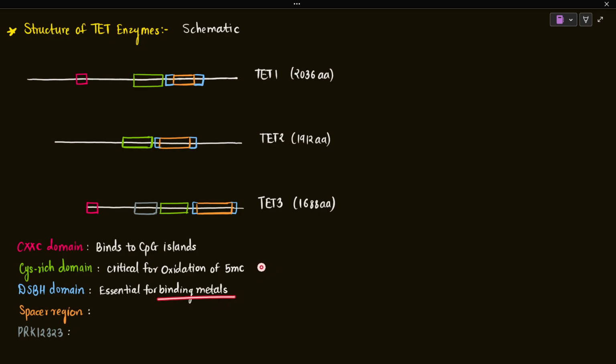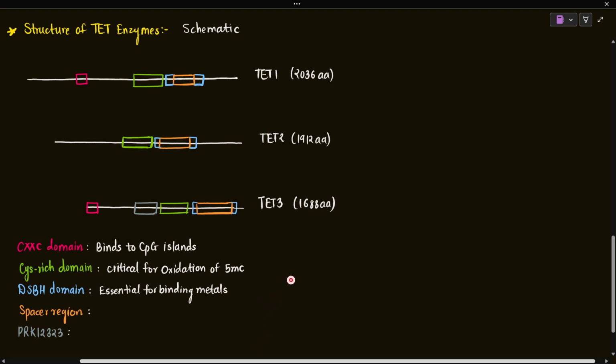Different metals, most probably iron, work as the cofactor of the whole reaction, and for binding of those metals this double-stranded beta helix domain is required. So the double-stranded beta helix domain is for binding of the metals, while the cysteine-rich domain is for the oxidation of 5-methyl cytosine.